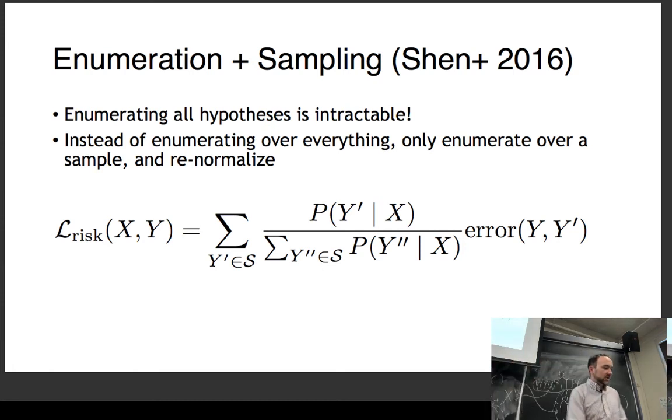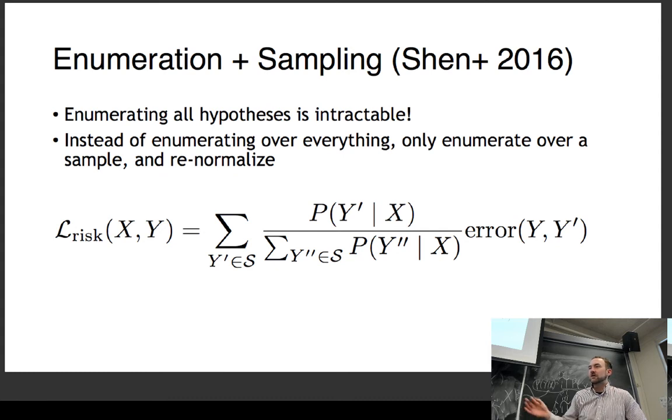So this has been used in things like machine translation. It's relatively nice. The advantage of this compared to reinforce or something like this is that it explicitly only considers the differences between the hypotheses in your samples.